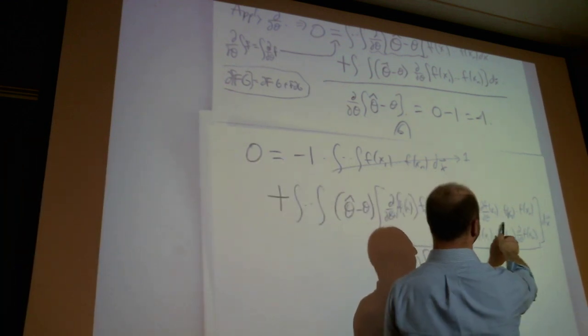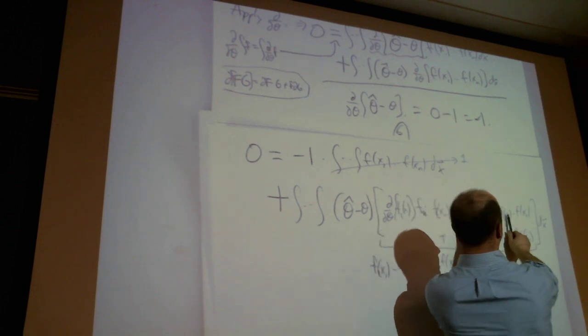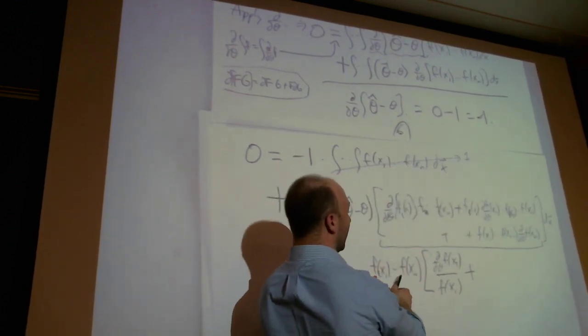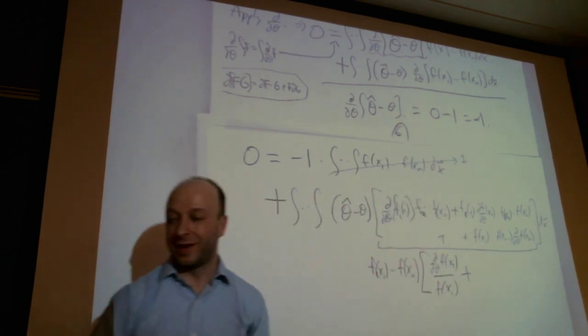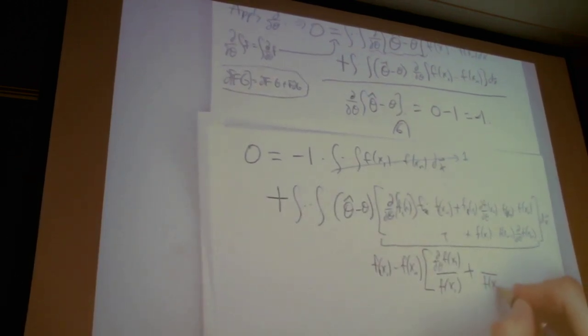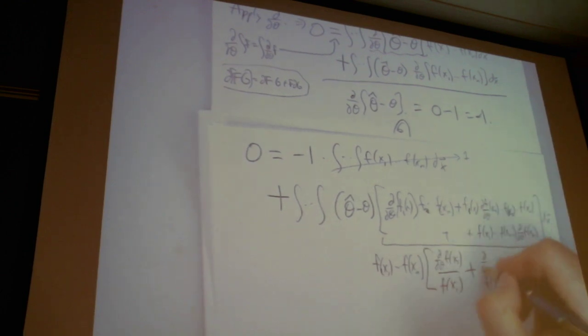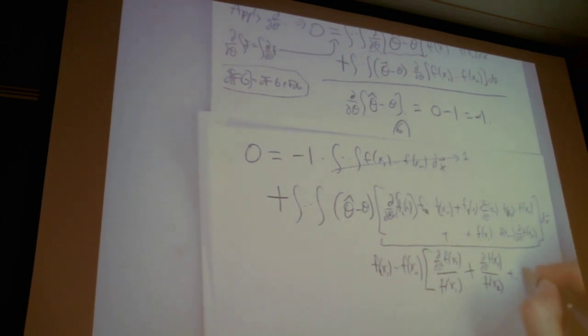Yes, that's exactly the right reaction. Now I pull out x1 and x3 and the rest. I pulled out an f of x2, but I didn't have one, so let me put it in the denominator, f of x2. And what did I have? I had the derivative of f of x2 with respect to theta. And so on up to the last one, f of xn over f of xn. These are also known as d log. So these things are d/dθ log f of x1 plus ... plus d/dθ log f of xn.